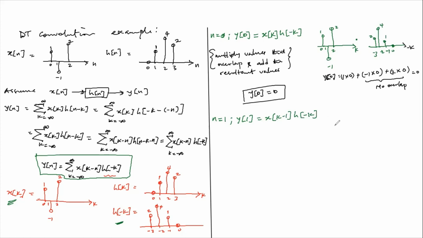Okay, in this case now, let us draw s of k minus 1. For s of k minus 1, this is k. 0 minus 1 is minus 1, minus 2, minus 3, right?